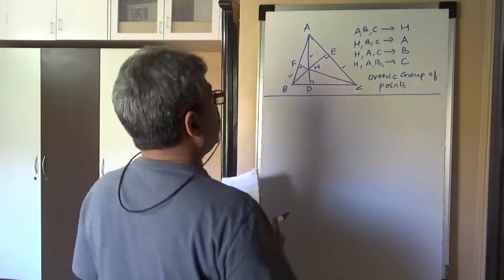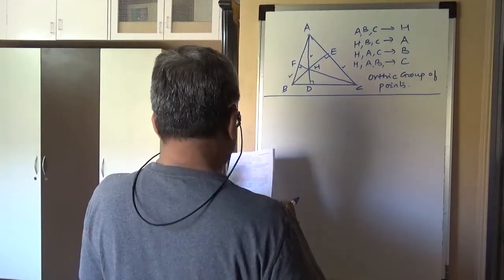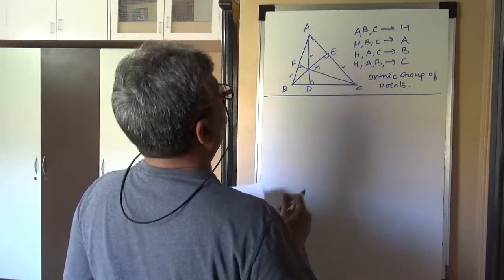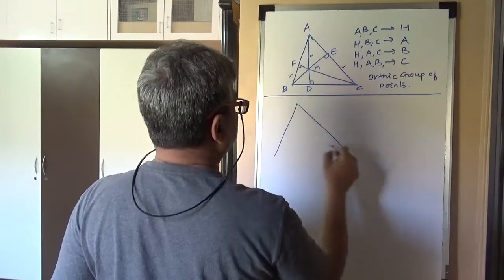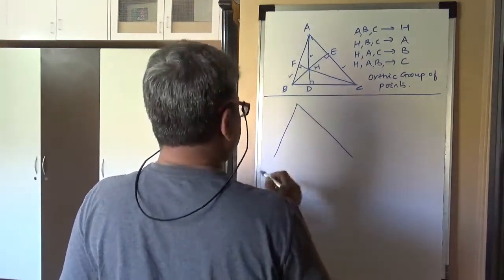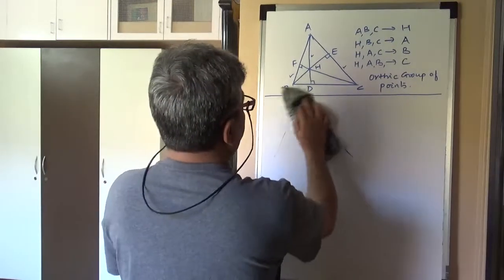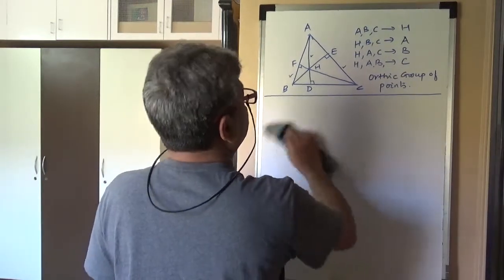Then what we are supposed to prove is many properties of this altitude configuration. So let us use the same diagram and keep discovering different properties.